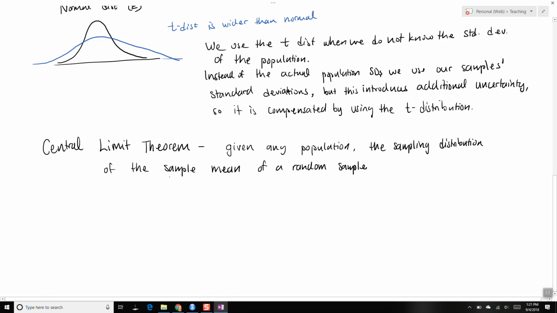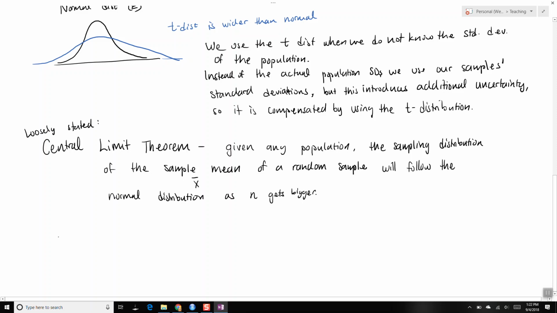The sampling distribution of the sample mean, so basically of x bar of a random sample, will follow the normal distribution as n gets bigger. This is a loosely stated central limit theorem.